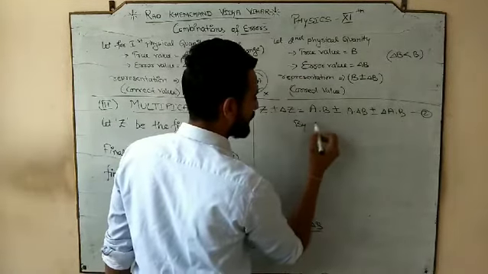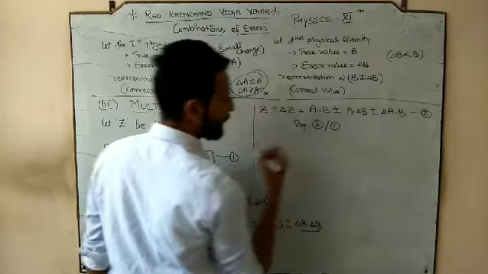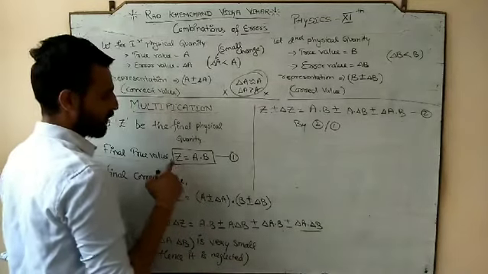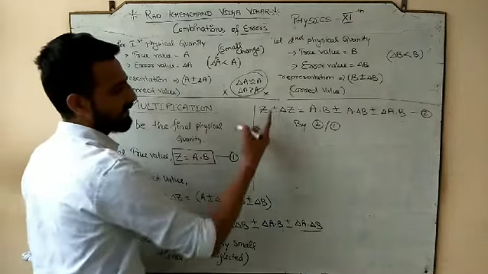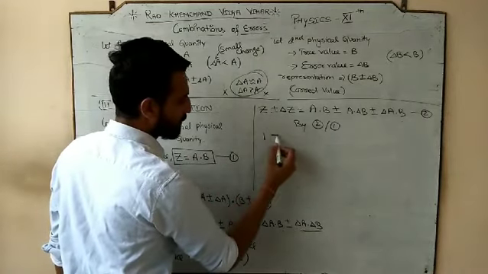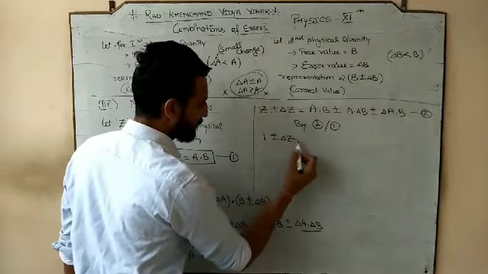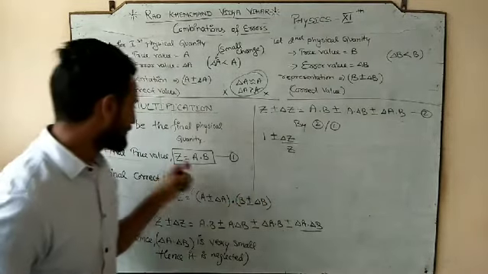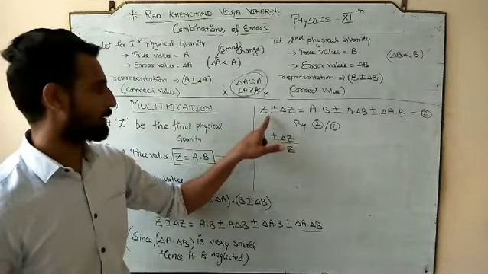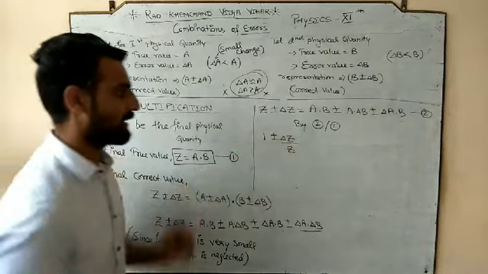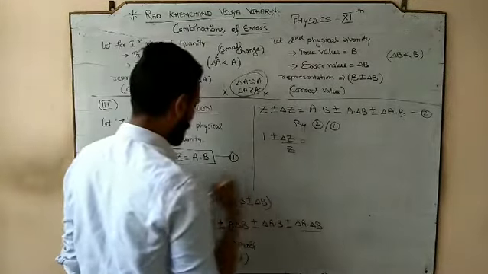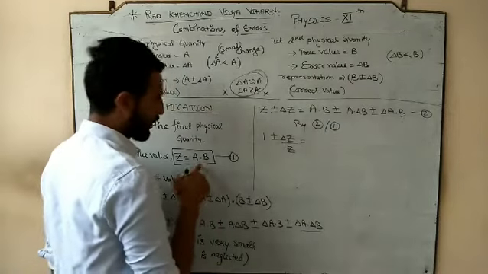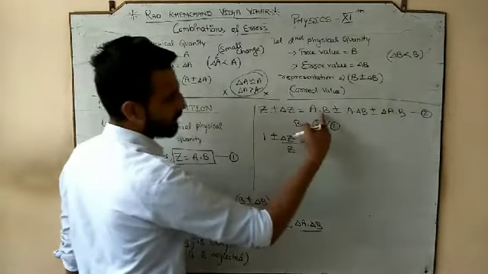Now perform equation 2 divided by equation 1. So on the left hand side it is Z, and when we divide, it would be 1 plus minus delta Z by Z. Am I okay with that? It means this Z is going to divide both the terms. So Z by Z is 1 and delta Z by Z is equal to, on the right hand side we have A dot B. This A dot B is going to divide the first term.